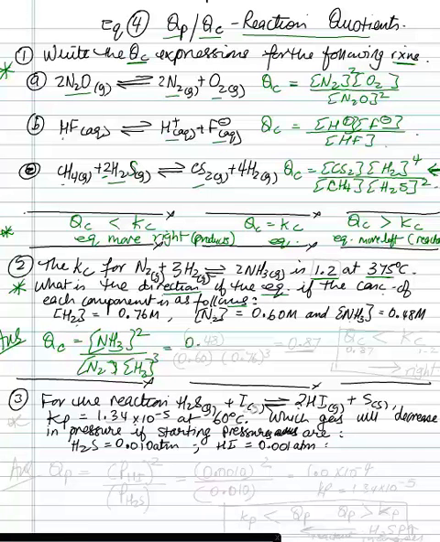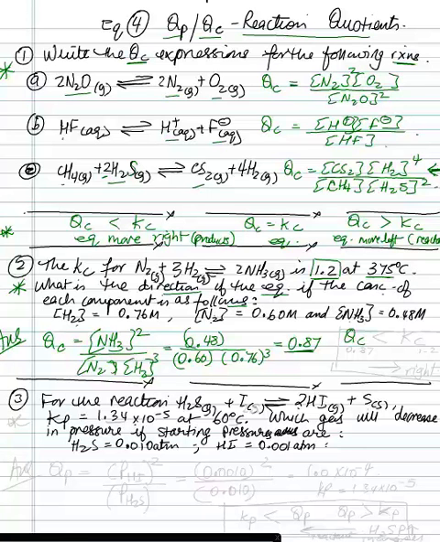And then you plug in all the concentrations here. Ammonia is 0.48 squared, divided by nitrogen, which is 0.60, and then hydrogen, which is 0.76. Don't forget to cube this, and your answer is 0.87. Then you compare this value to the KC value, which is the 1.2 given over here.